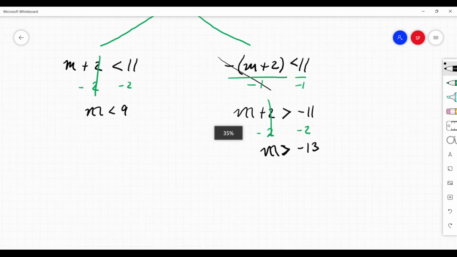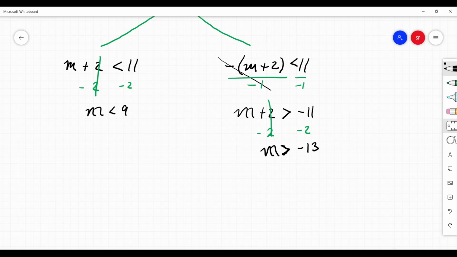I did it faster, but not in fewer steps. You have to divide off the negative one. But if you do it this way, you'll remember to flip the inequality more likely, because you focus on it first. Either way, it will technically work.